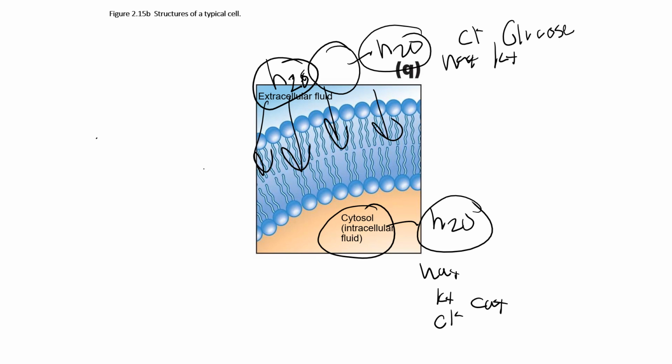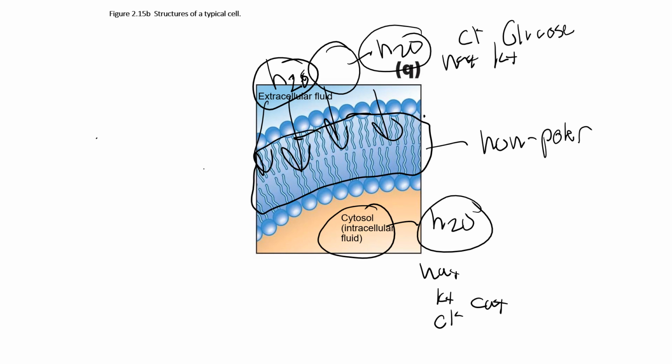Well, it's not going to be able to, because what's the core of the plasma membrane made up of? The core of the plasma membrane is nonpolar, and it's made up of hydrocarbons, these fatty acid tails, and since the core of the plasma membrane is nonpolar, anything that's polar or ionic is going to get repelled as it tries to come through it.